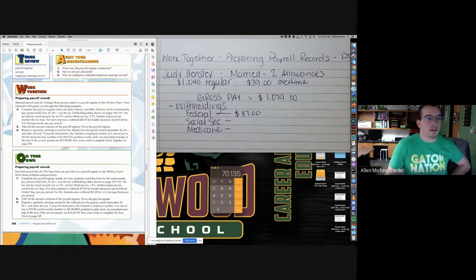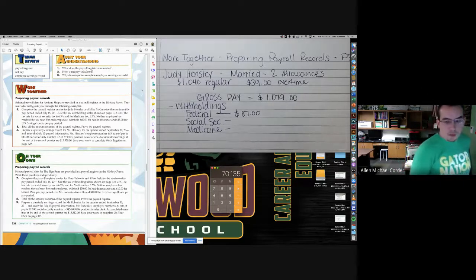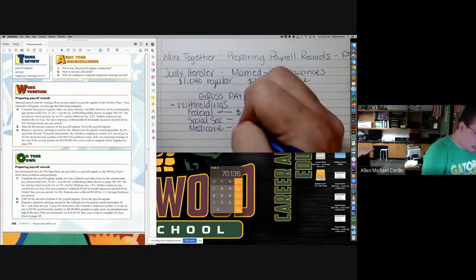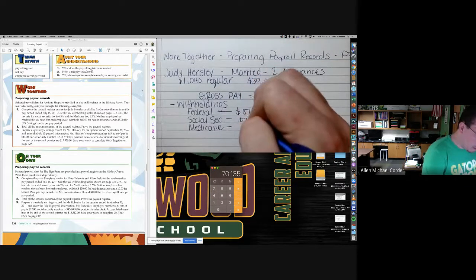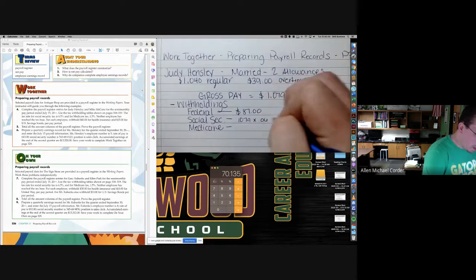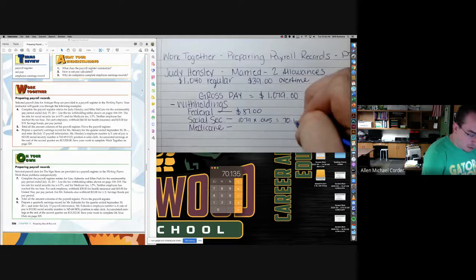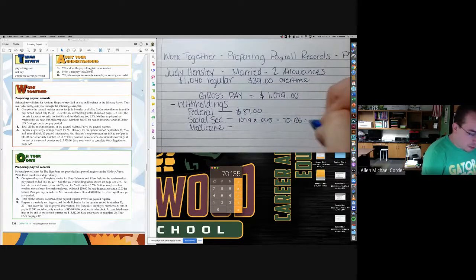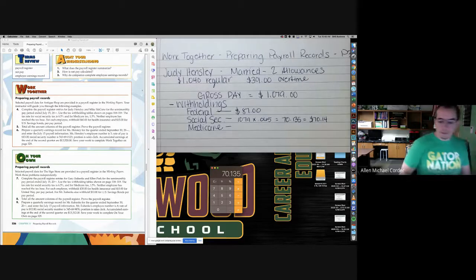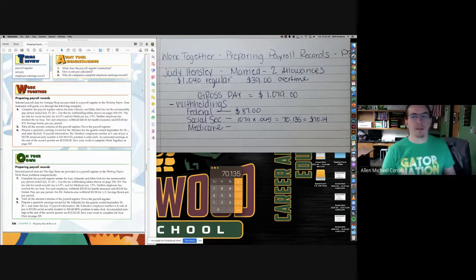Well, that's technically not 135 cents. It's 14 because that 5 makes that 3 round up to the 4. So $70.14 withheld in Social Security tax.